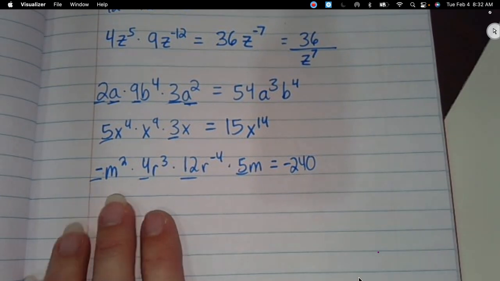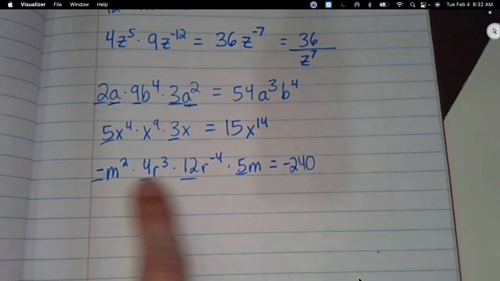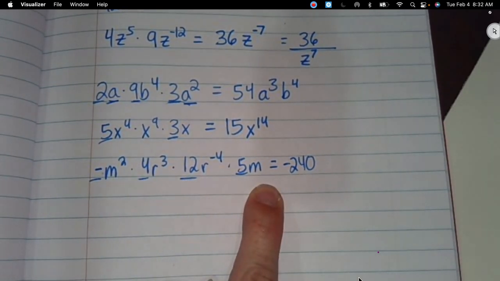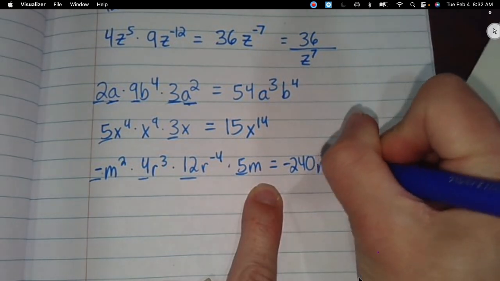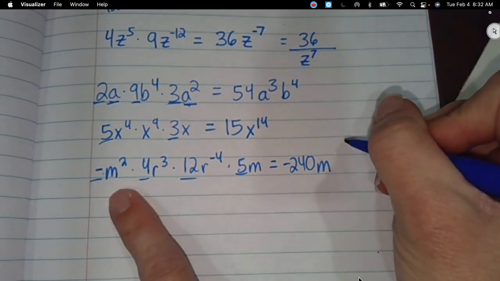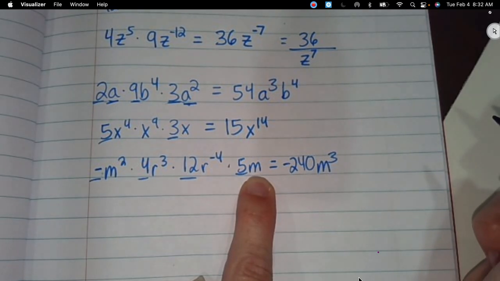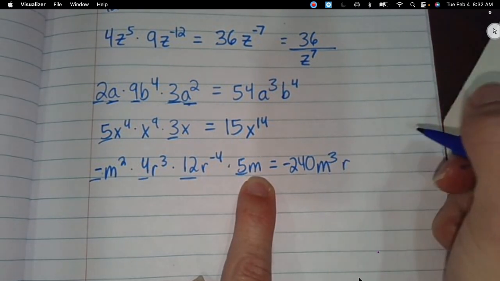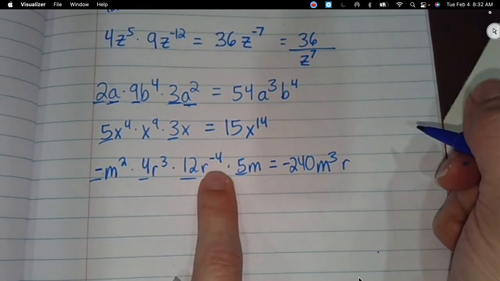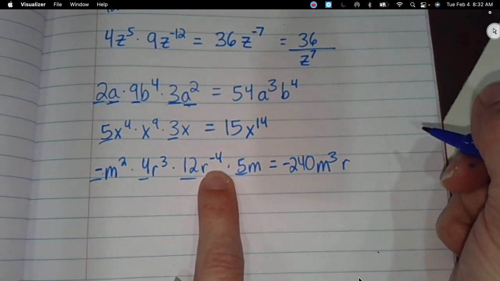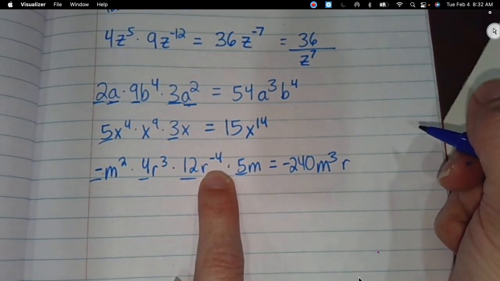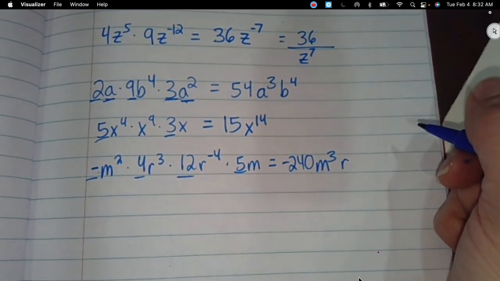Now let's do our m's. So I have m squared and m. So how many m's are there? M to the 2 and 1 makes 3. You just add them. How many r's? What is 3 plus -4? 1. But it's -1.